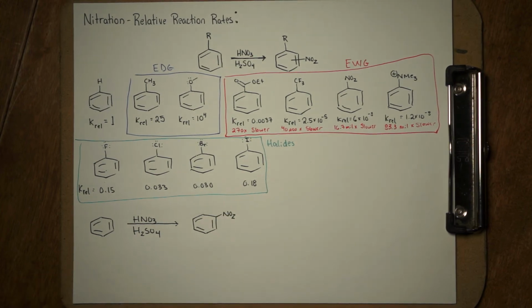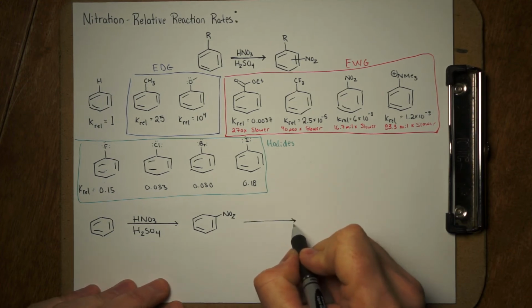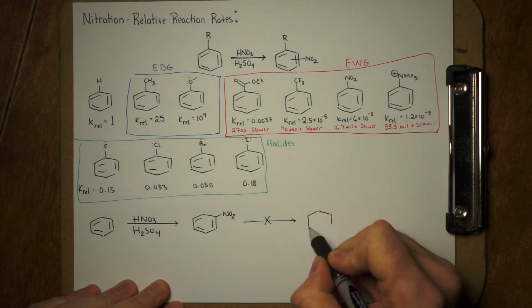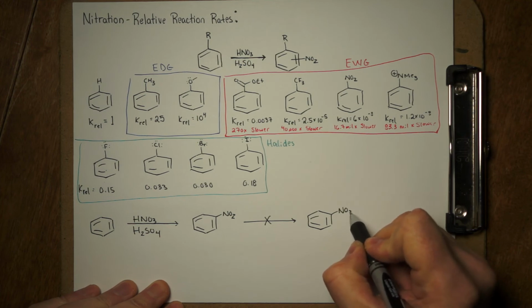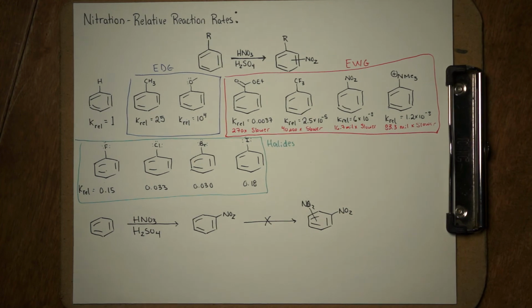Right? One thing that we do not have to worry about in this case is a subsequent reaction occurring where we're putting two nitro groups on that benzene ring. Right? Because as we just learned, a nitrobenzene is going to be much, much, much less reactive than just benzene.